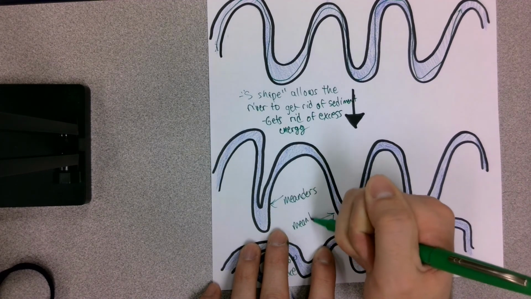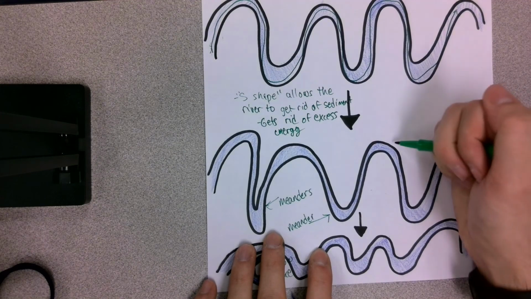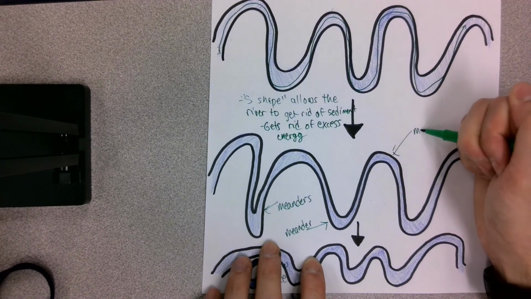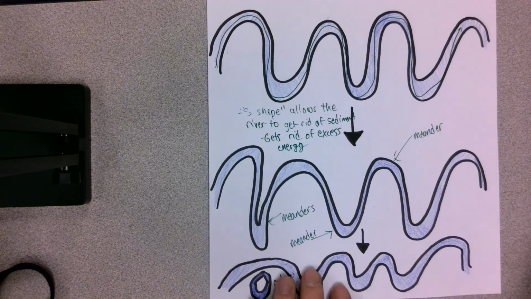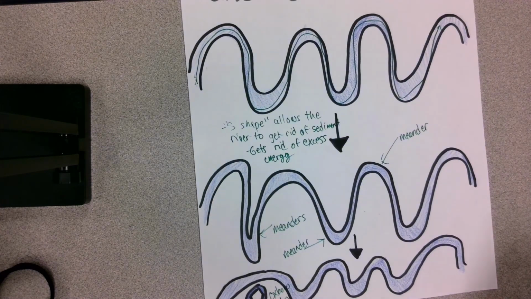So if you're interested in looking up some case studies about meandering streams, you can look up what happened when they tried to channelize a river that flowed into the Florida Everglades. They attempted to make the river run straight, and when they did that, they actually got a lot of buildup of sediment, and they had a ton of erosion of the sides of the banks.